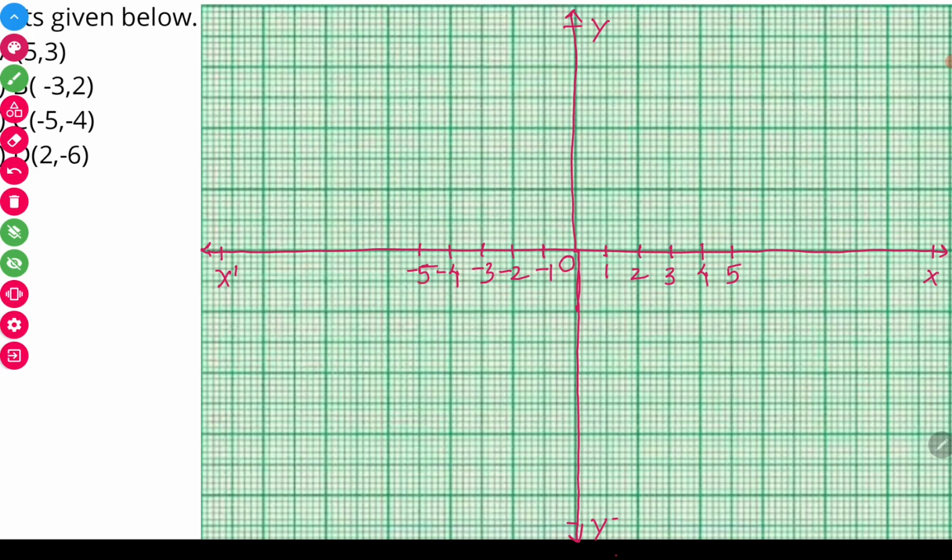Both sides you have to keep equal spacing, both on the x-axis and y-axis. This is negative x: -3, -2, -1. Similarly, this is the positive y-axis: 1, 2, 3, 4, 5, 6.